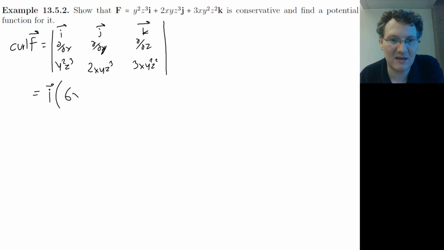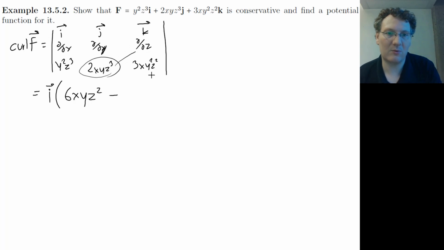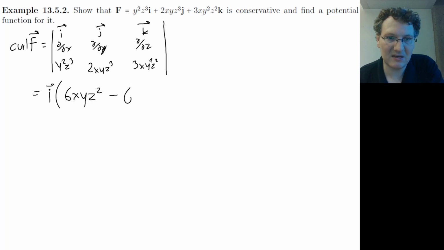That's going to be 6xyz squared, minus the partial in the other direction, with respect to z, of 2xyz to the third. That's going to be 6xyz squared. Oh, look at that.